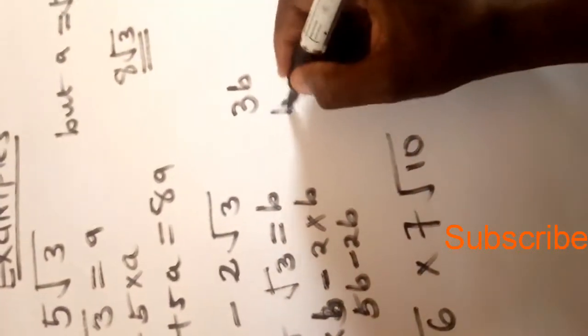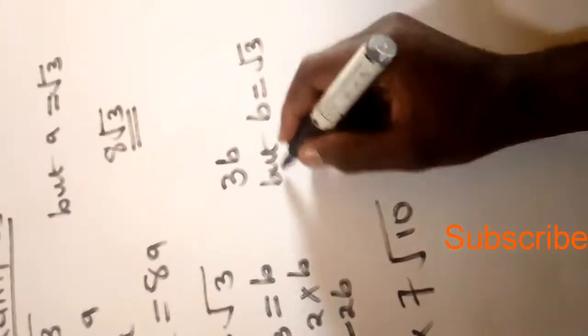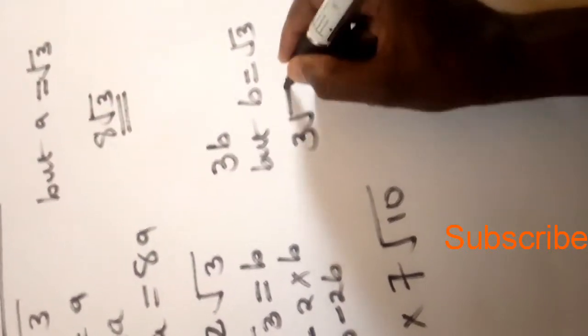But we said that B is equal to root 3. So finally we're going to have the answer as 3 root 3.